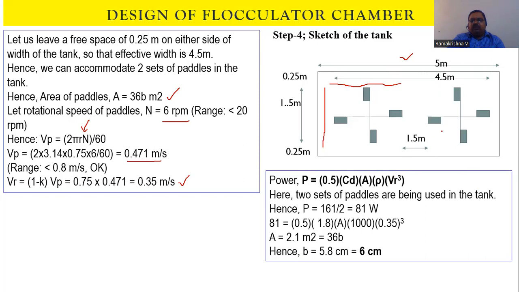So what is the important thing here? The total power should now be divided between these two sets of paddles. The total power is 161 watts, so divided by 2 is equal to 81 watts. So this is what I am using here.